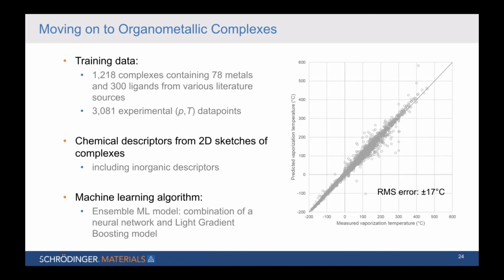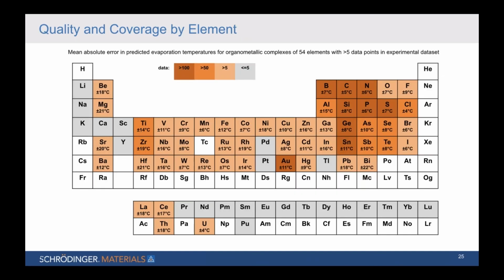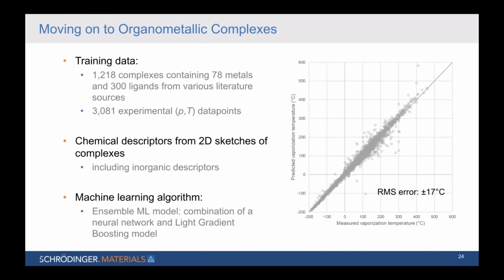The best machine learning model we eventually ended up with is actually an ensemble machine learning model. It's a combination of neural network and light gradient boost machine. Looking at the results of the model, you can see it's still very good.